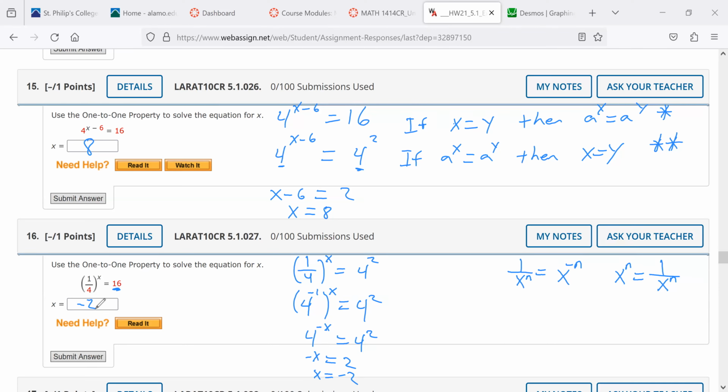And this star and double star too, of course. Okay, any questions on 16? That makes sense, what we did?